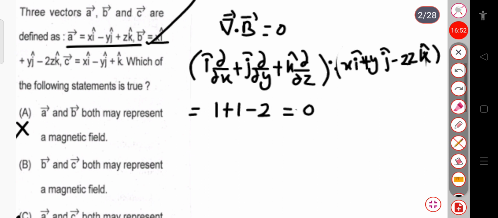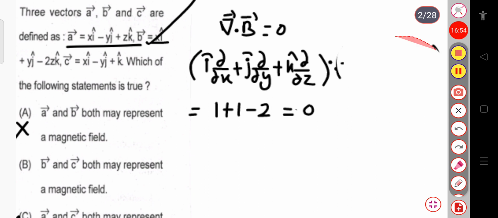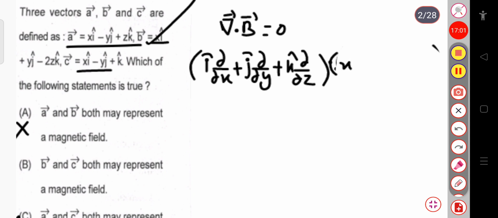Now here we will check for the C vector. Let me erase again. So for the C vector, C vector equal to x i cap minus y j cap plus k cap, and here the dot is present. That is equal to i dot i is 1, dou x by dou x is 1, plus j dot j is 1, dou by dou y of minus y will be minus 1, and again plus k cap dot k cap, that is 1, and since here 1 is present, dou by dou z of 1 is 0.